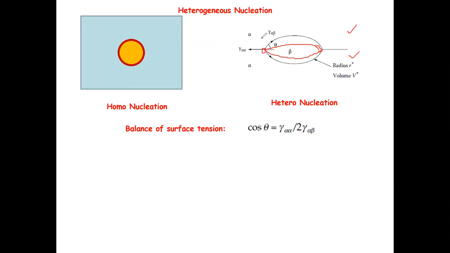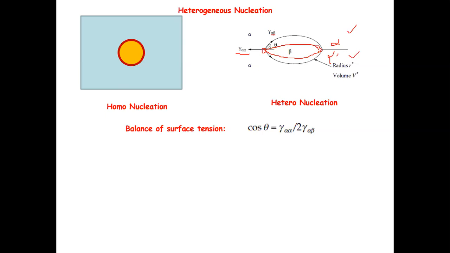Now I have to deal with three interfaces between two types of solid phases. Originally I have alpha and alpha, or alpha prime, whatever you want to call them, but I have a grain boundary energy. This is gamma alpha alpha, and I have the interface energy between the two solid phases, alpha and beta, gamma alpha beta.